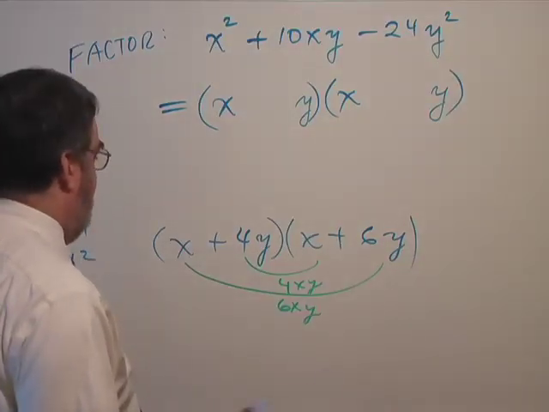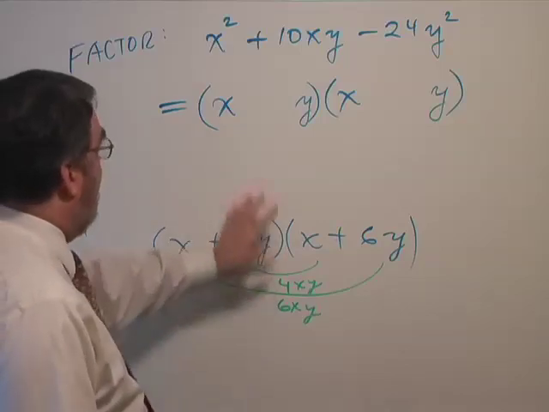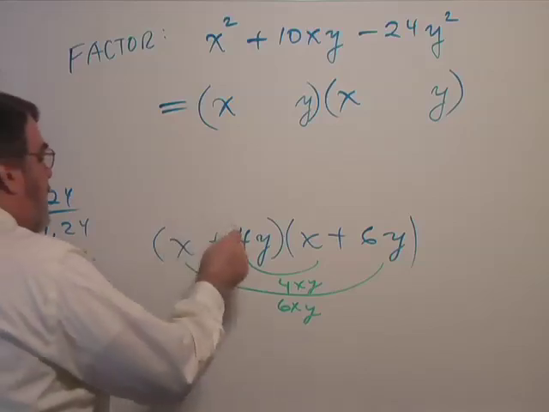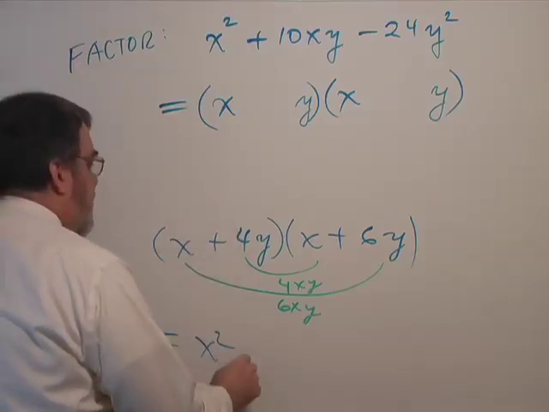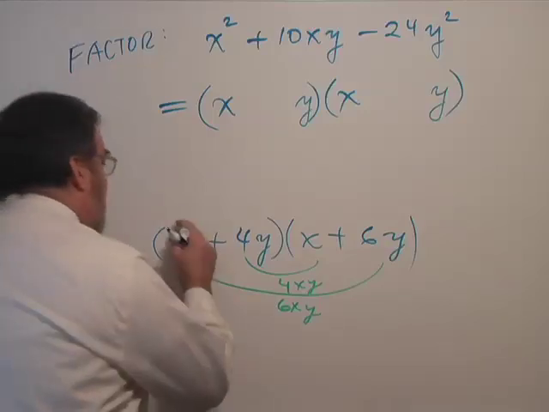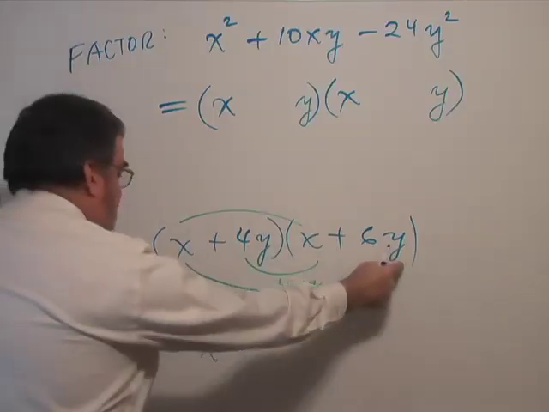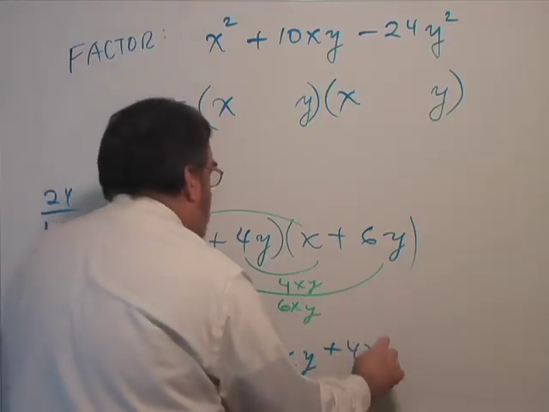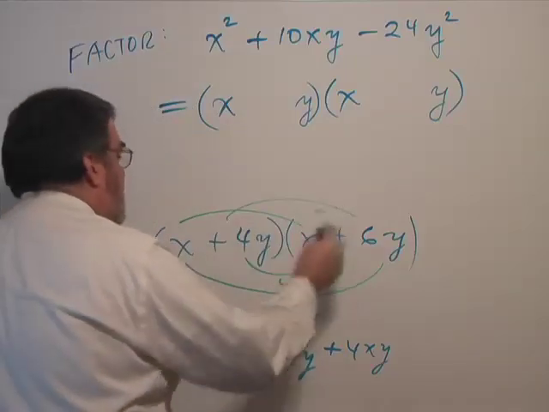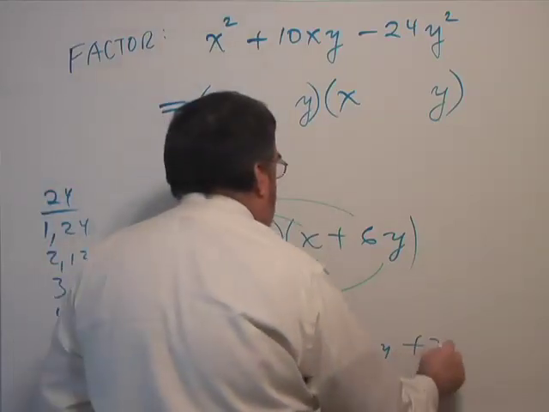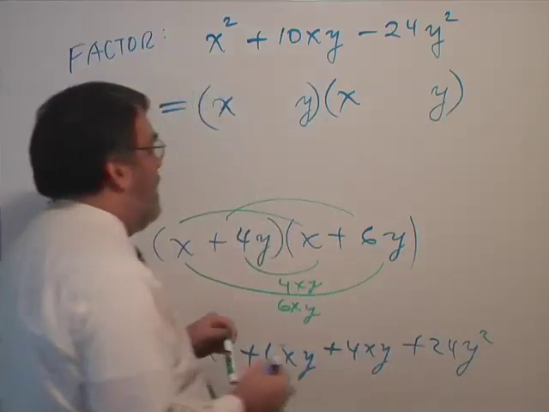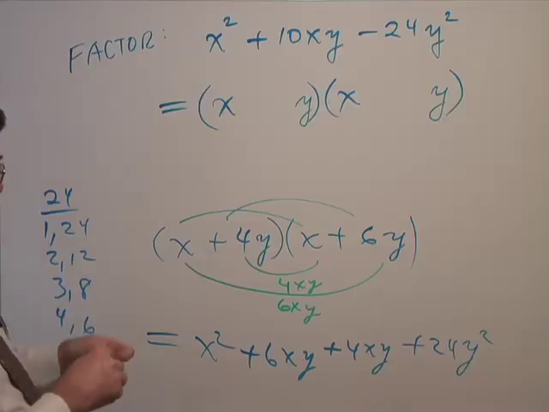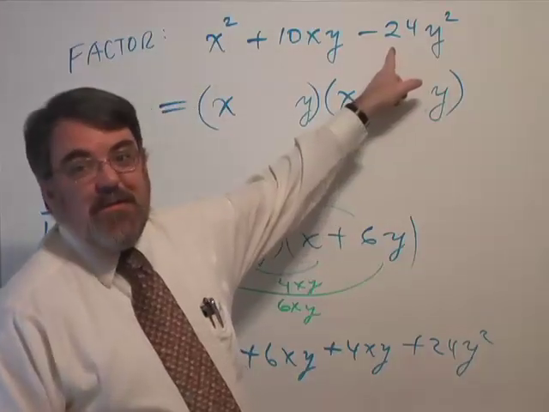So we have 10xy here, but if I were to multiply this out entirely, I would get x squared, which is the outer terms, and then I've got my plus 6xy, and then my plus 4xy, and then my plus 24y squared. And you probably spotted what's wrong with this. I'm not going to get minus 24y squared here.